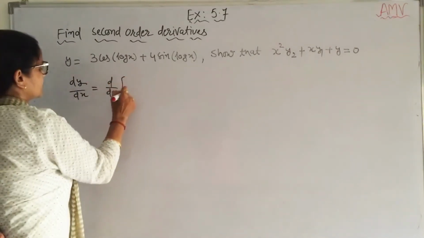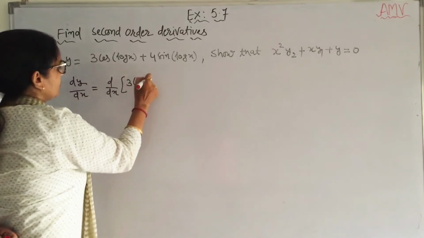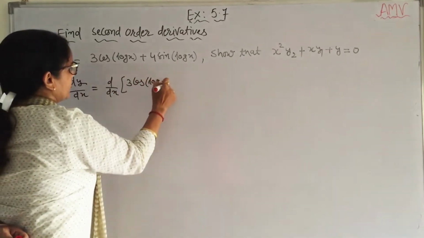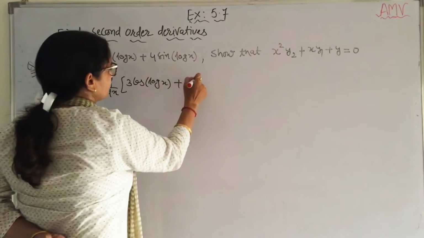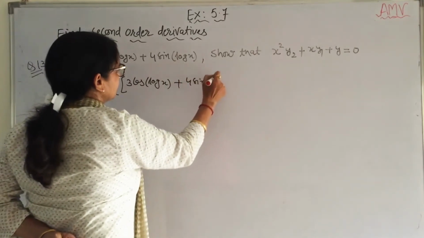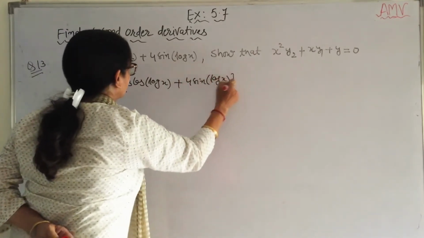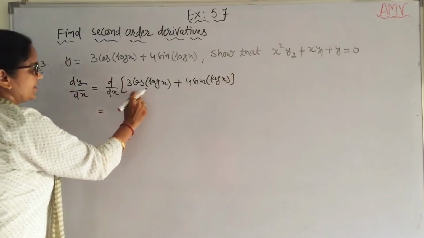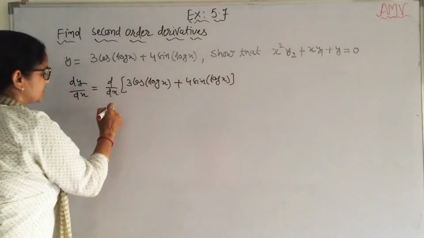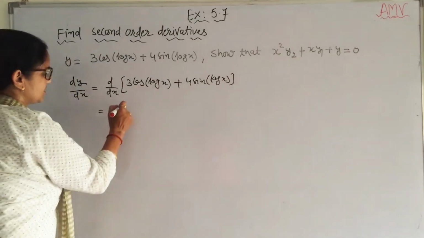d by dx of 3 cos log x plus 4 sin log x. Okay. And now the derivative of 3 cos log x: 3 is a constant, write it as it is.